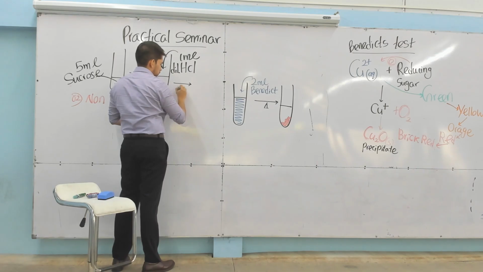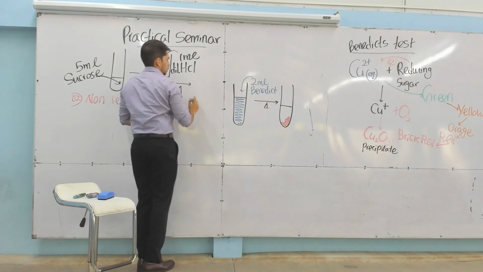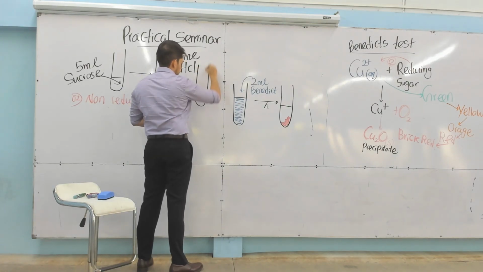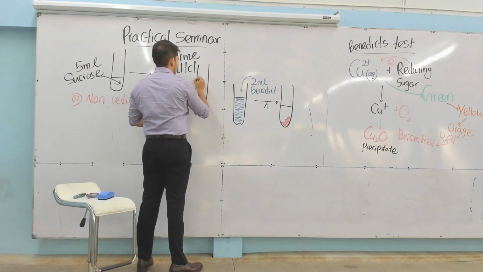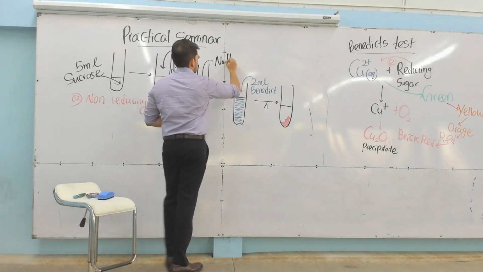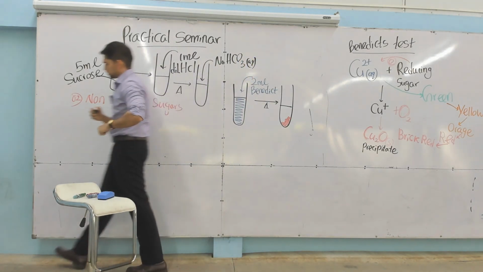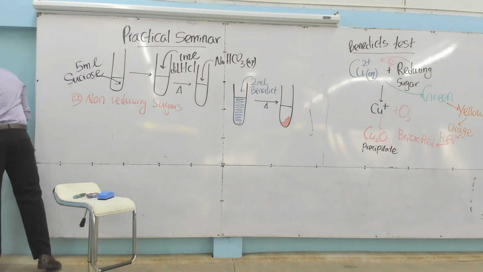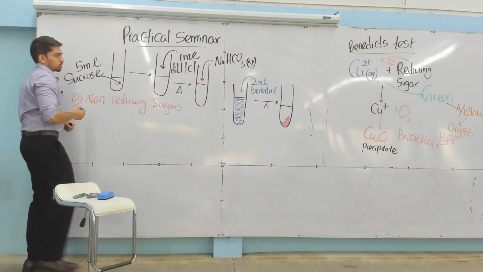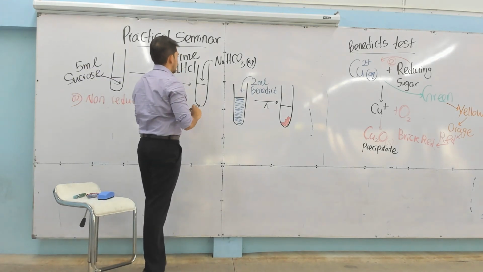Then what do you do? You heat this. Then after heating, you add what? To neutralize, you add aqueous sodium bicarbonate. The volume is not given. I mean, whatever you need to add to neutralize. You check with pH paper to see you neutralize, right?